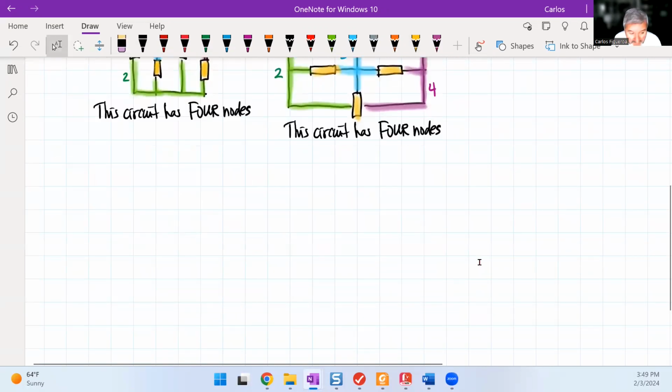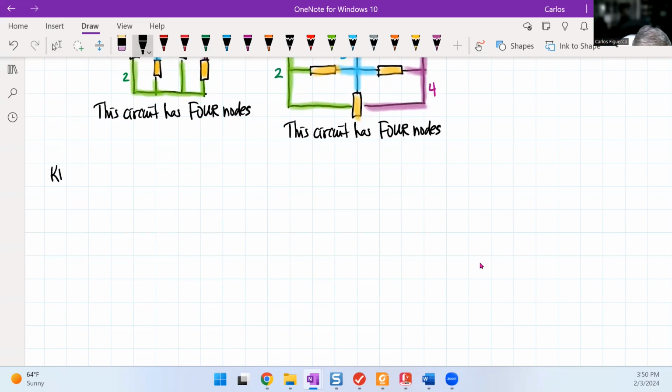So what does Kirchhoff's current law say about this? Which we lovingly call KCL.